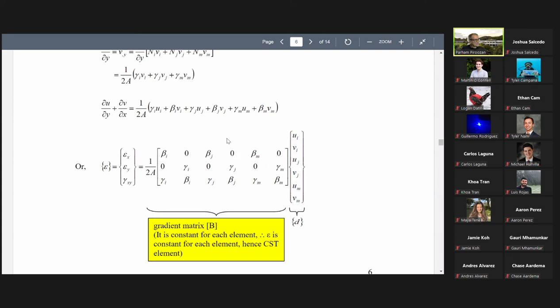This matrix is called the B matrix, or gradient matrix, some people call it. We multiply it by displacements, then we can find the strains. So epsilon is equal to BD.